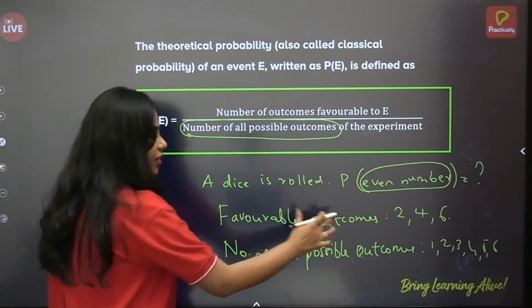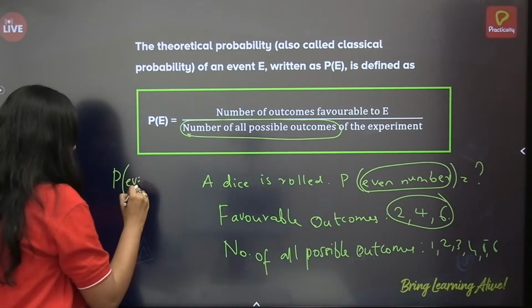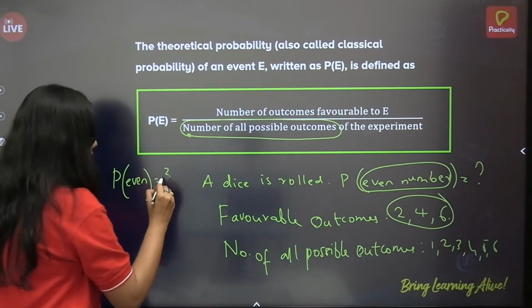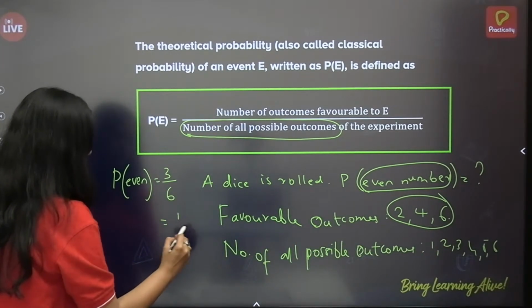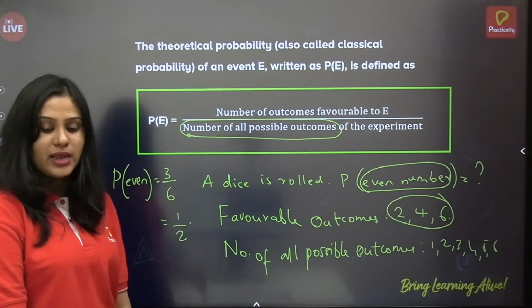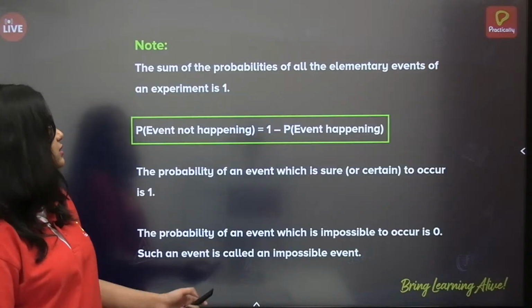So number of favorable outcomes are 3, correct? So probability of even number is equal to 3 by, what are total possible outcomes? There are 6. 3 by 6. In the simplest form, it would be 1 by 2. Correct. Very good. Done. Next.